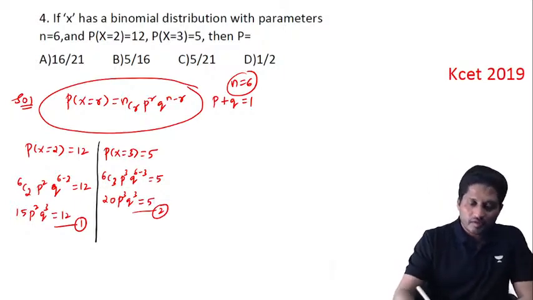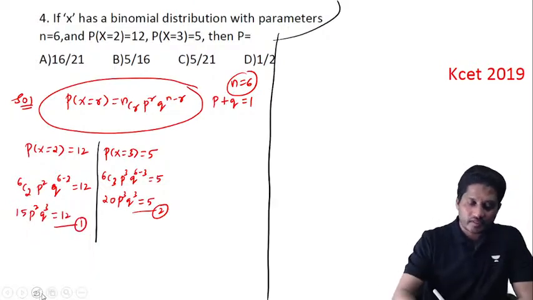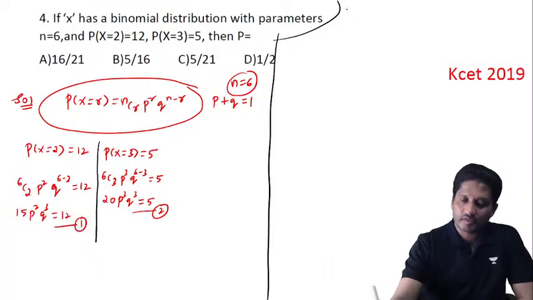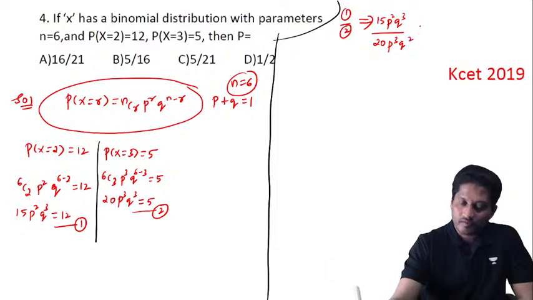If I divide equation 2 by equation 1, or equation 1 by equation 2, this is equal to 15 p square q cube divided by 20 p cube q square is equal to 12 divided by 5.